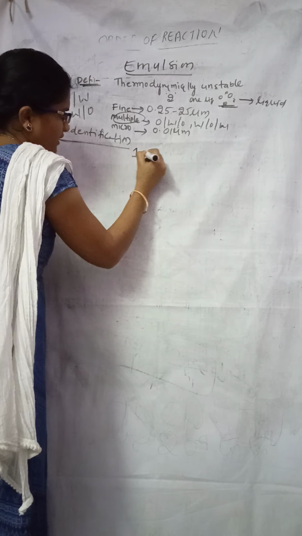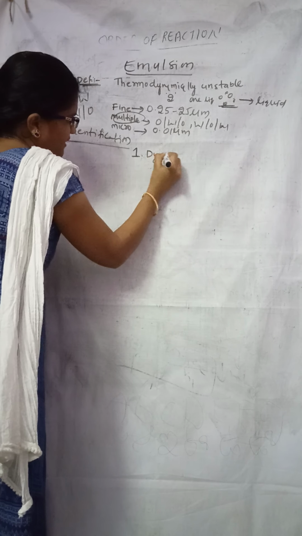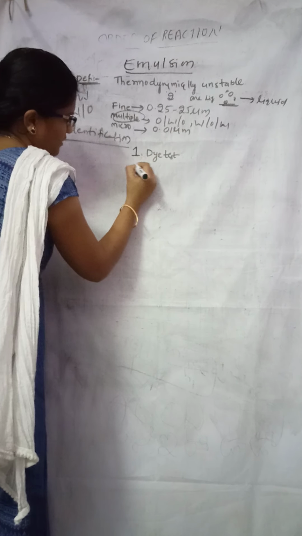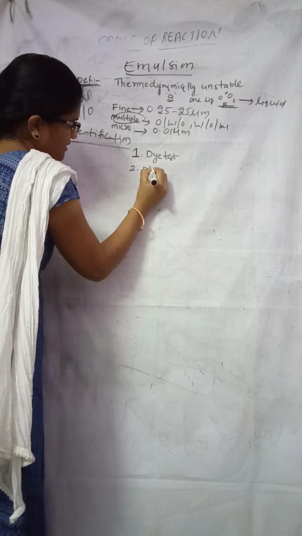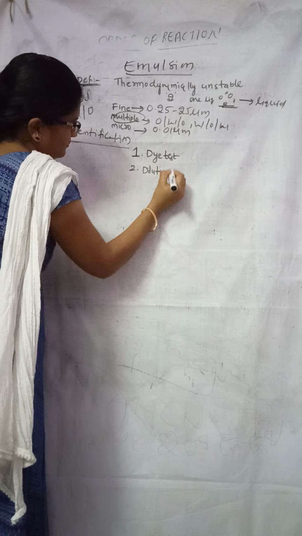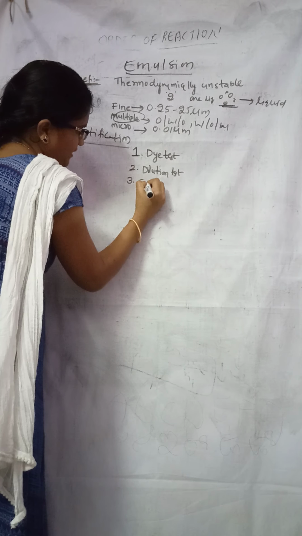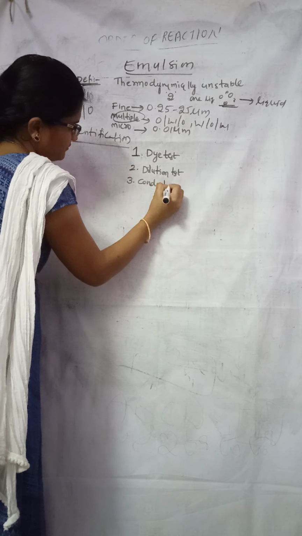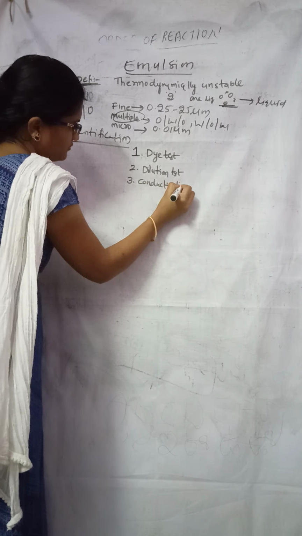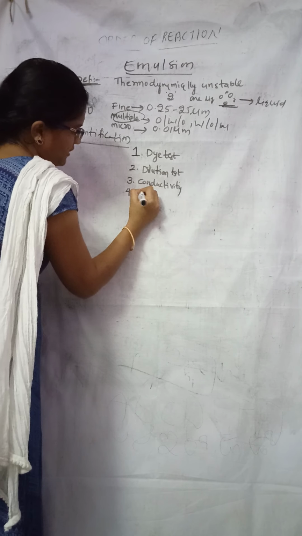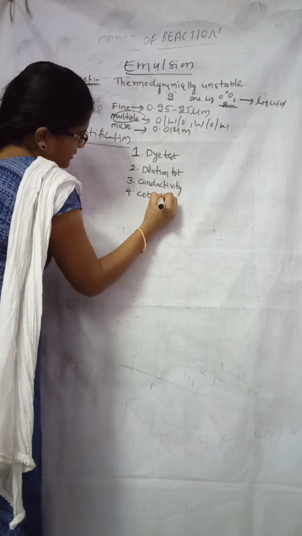So to identify emulsion, we have four tests: dye test, dilution test, conductivity test, and lastly cobalt chloride test.